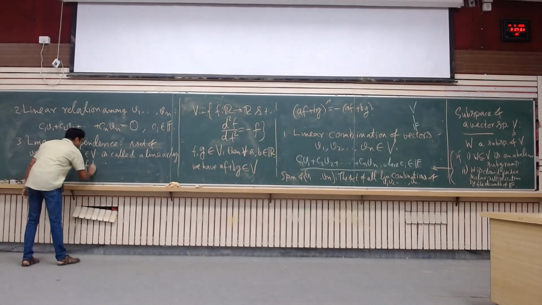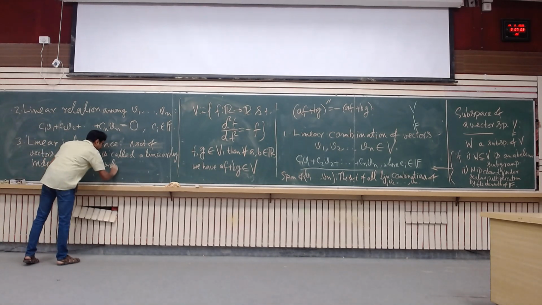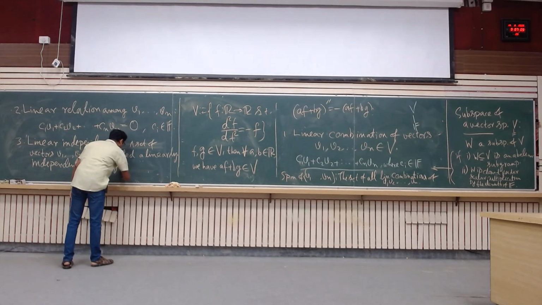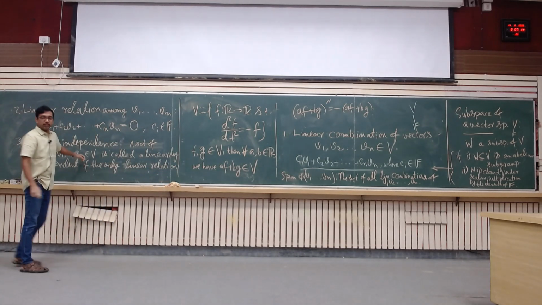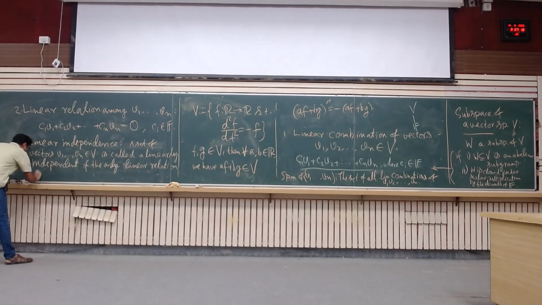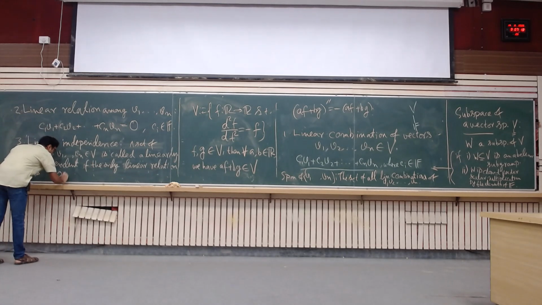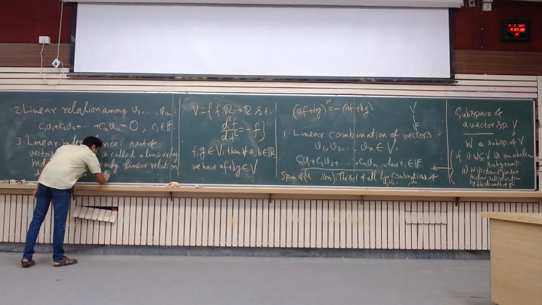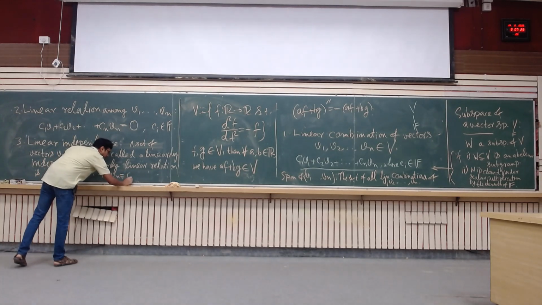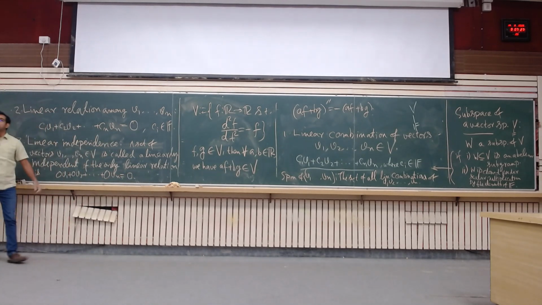if the only linear relation among v1, v2 to vn is 0 times v1 plus 0 times v2 plus ... plus 0 times vn equal to 0. So the only linear relation is trivial.